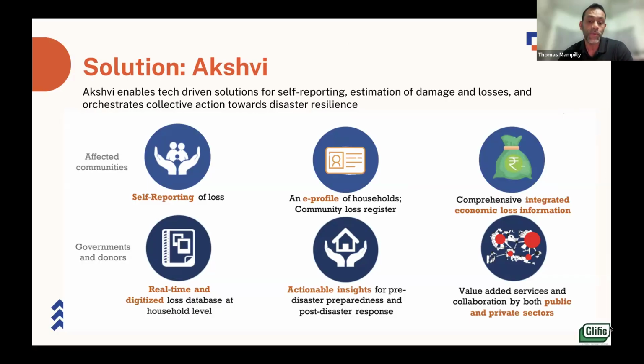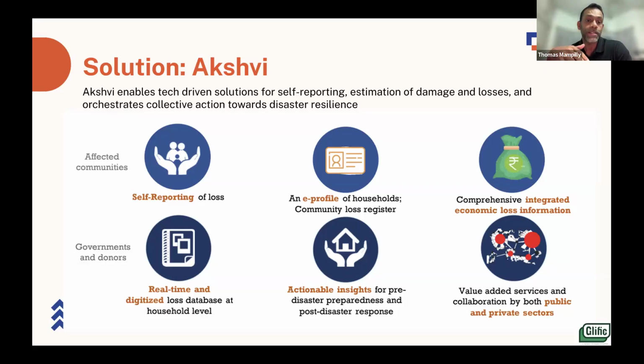And all of this information is aggregated at a household level in a kind of e-profile per household. And then through that, there is this integration of data available per household into this macro view of where each community has faced losses and what their needs to mitigate those losses are.